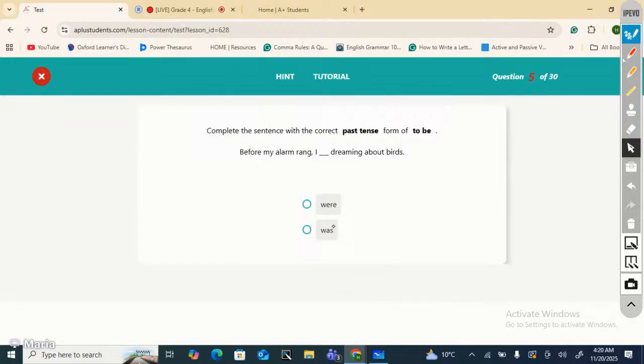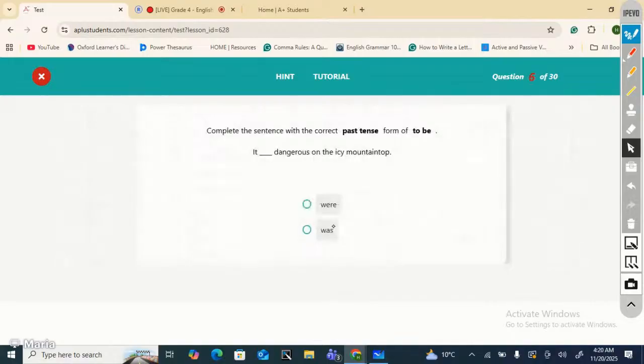Sammy, you're saying option two. Matthews, you're also saying it's option two. Good job. Was. Before my alarm rang, I was. Because with the subject I, we use was in past tense. So yes.